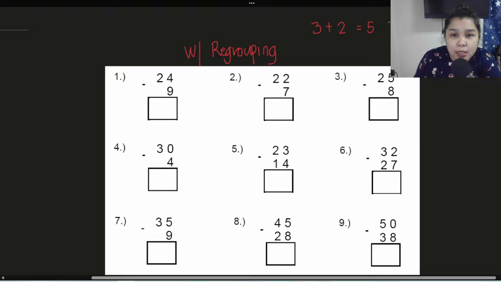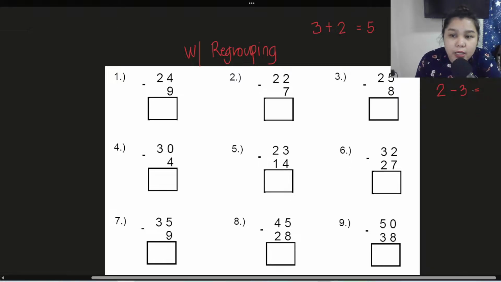Pwedeng mangyari din na 2 plus 3, still we will get 5. But in subtraction, kung 3 minus 2 equals 1, pwede ba siyang ipagpalit na 2 minus 3? No, because we will get another type of answer which is less than 0.